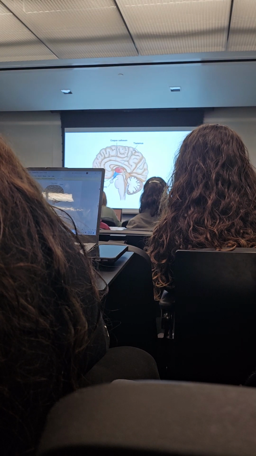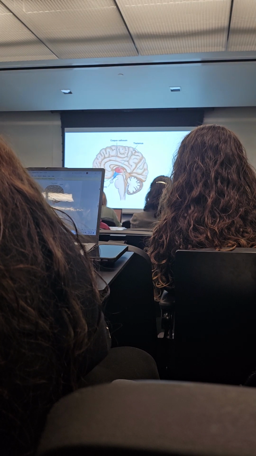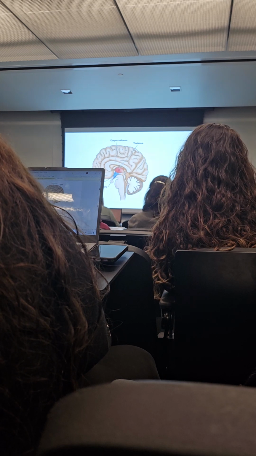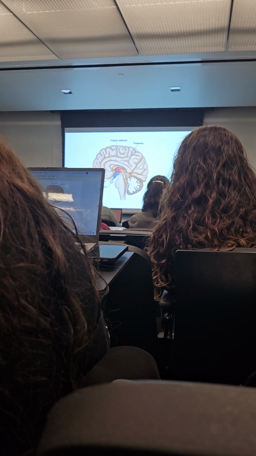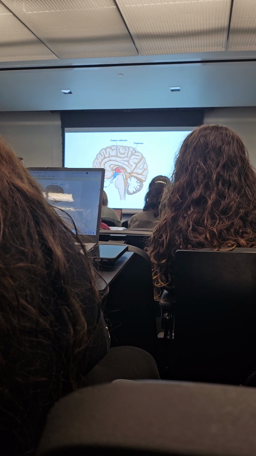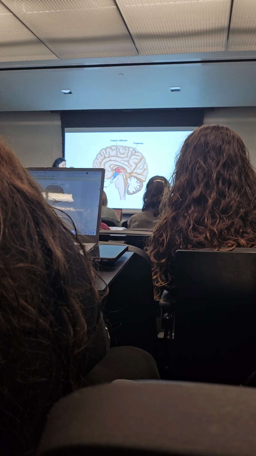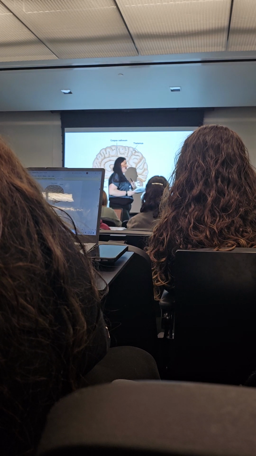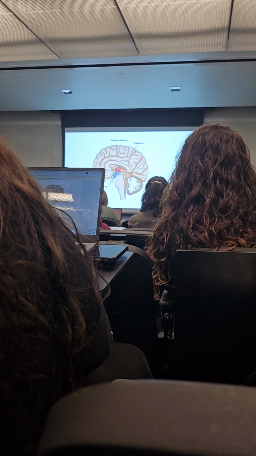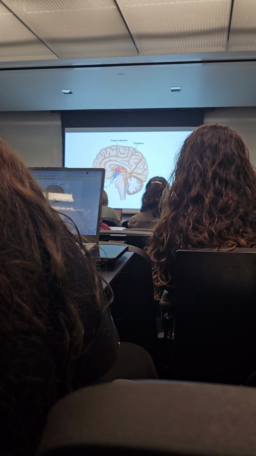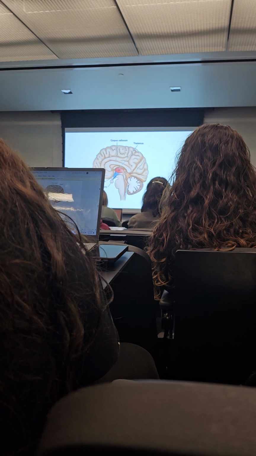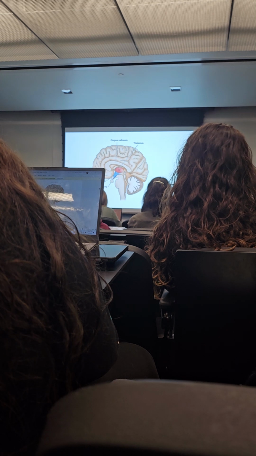Alright, let's talk about the thalamus and hypothalamus for a quick second. So, in terms of neuro, the thalamus is your relay station for all sensations except for your smell. Why? I have no idea. Your pain impulses pass through your thalamus.